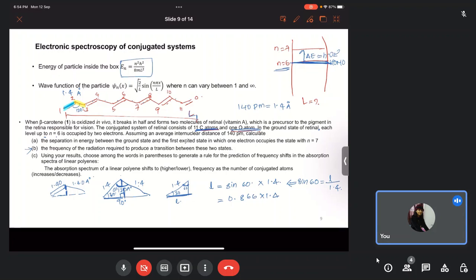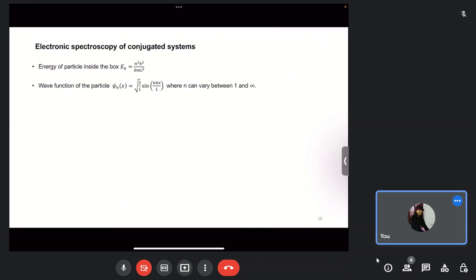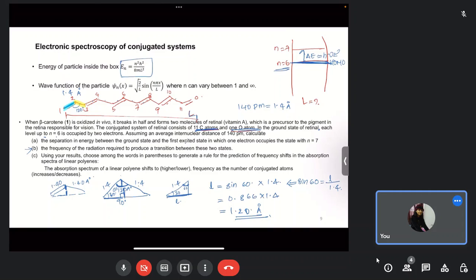Sine 60 is 0.866, into 1.4, it's going to be 1.21 angstrom, or 1.20 angstrom. You can just approximate it as 1.20 angstrom and use it for any conjugated carbon-carbon single bond system. So the first question is to find the separation in energy between the ground state and the first excited state.